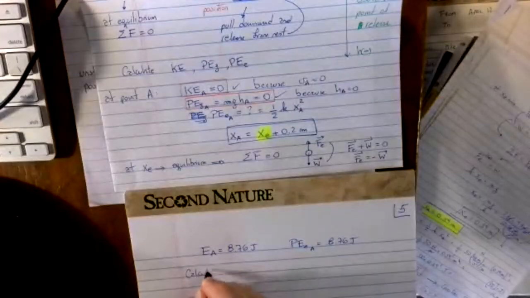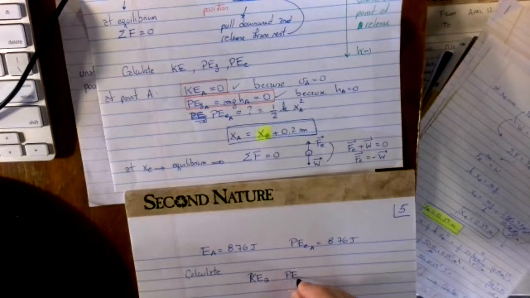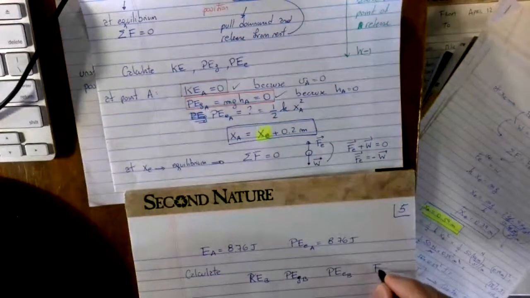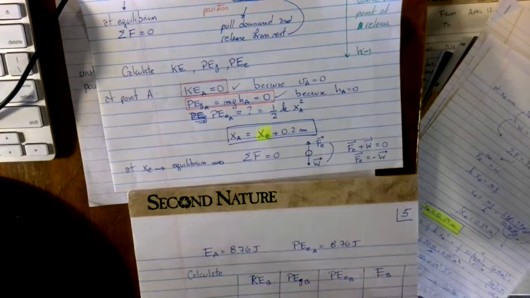Let's start with the kinetic energy at the point B. Potential energy gravity at the point B. Potential energy elastic at the point B. And then also the total energy at the point B. We want to get these numbers right. All this at B.